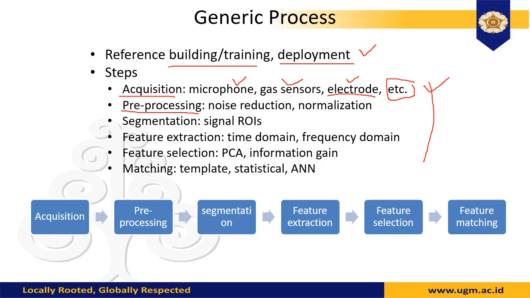For example, if someone is speaking just beside the road, on a roadside, then we could devise a noise reduction function to reduce noise from the road. Basically the road could be modeled as a signal with certain amplitude, certain frequencies, and so we could remove that noise. We may need a normalization in case we have several sensors, for example, and we want to normalize the performance of each sensor.